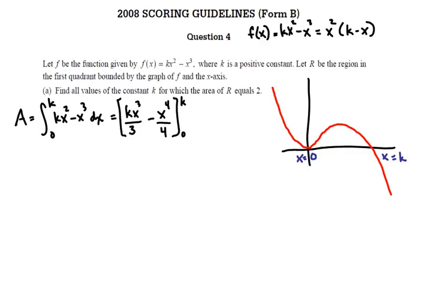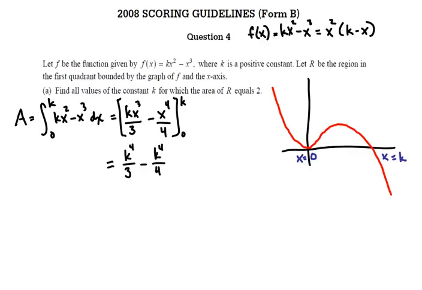And substituting k for x, we're going to get k times k to the third, which is k to the fourth over 3, minus k to the fourth over 4.